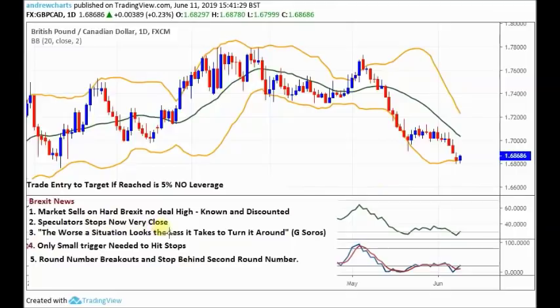Now we know speculator stops are very close. How do I know that? Well, people who sold up here bought their stops probably down into this zone here. These traders who sold here, probably mostly retail traders, have even closer stops. So you can have a lot of stops, and you just need the price to poke up and trigger them.